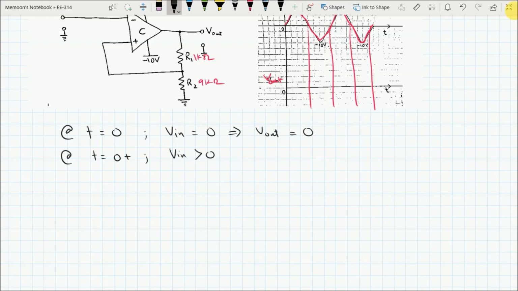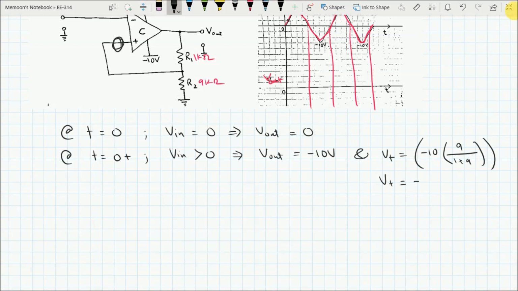It is in positive direction as we can see here at this point. So this implies that your V out will be equal to negative 10 volts because now your negative input is greater in magnitude than the positive input. And your V plus, the voltage here, will be equal to negative 10 into 9 over 1 plus 9. So your V plus is equal to negative 9 volts.